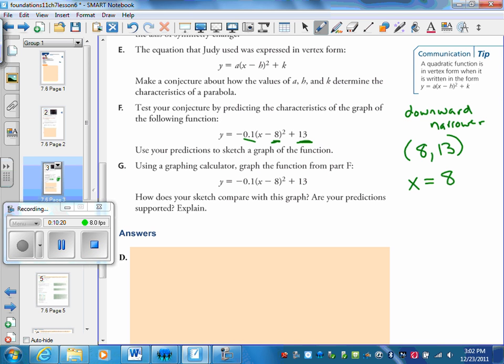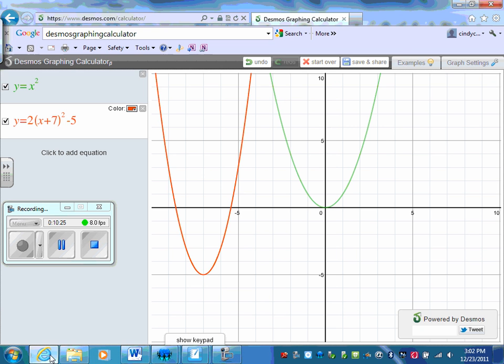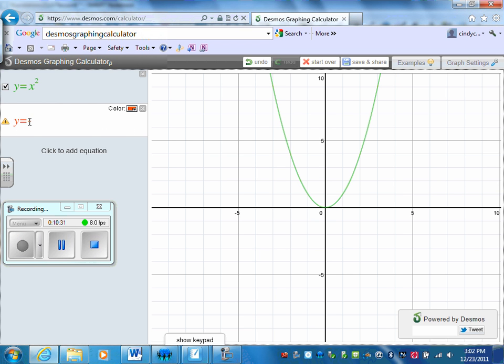And now we're going to use our graphing calculator, and we're going to see if we got that right. Okay, so y equals, oh, this is exciting, negative 0.1 (x minus 8) plus 13.